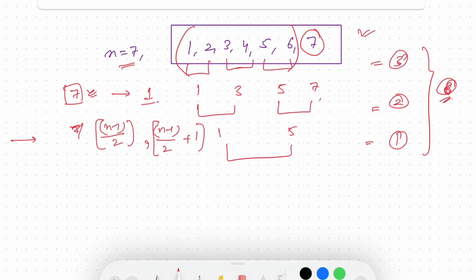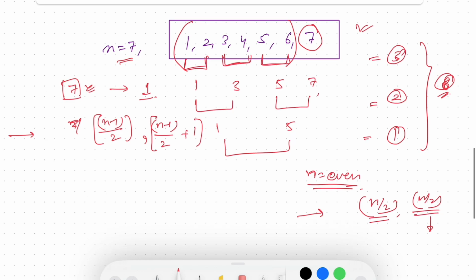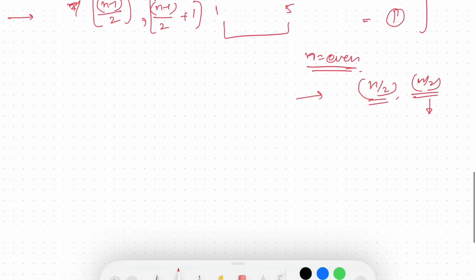If n is even, in that case there will be n by 2 matches, and n by 2 teams will move to the further round, because after each match one team is going to win and one team is going to lose. So we can generalize this formula.